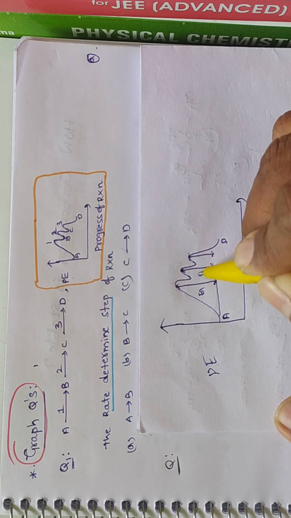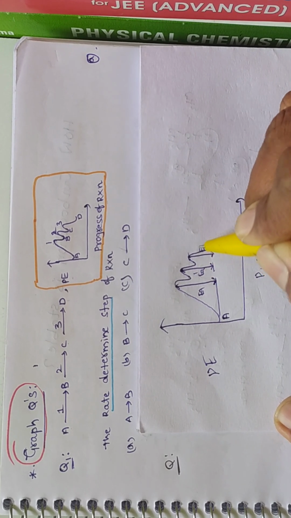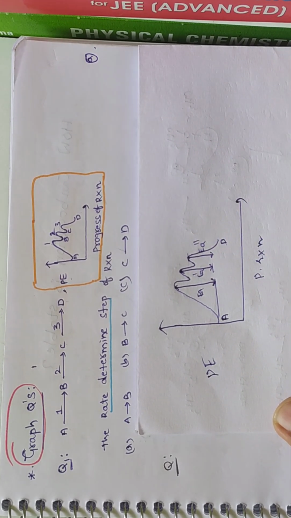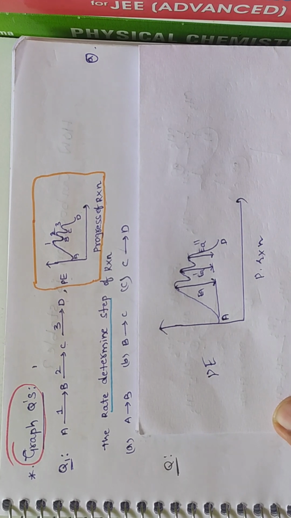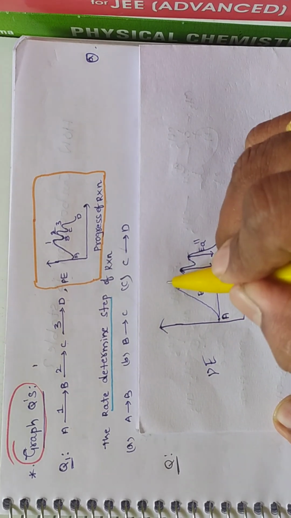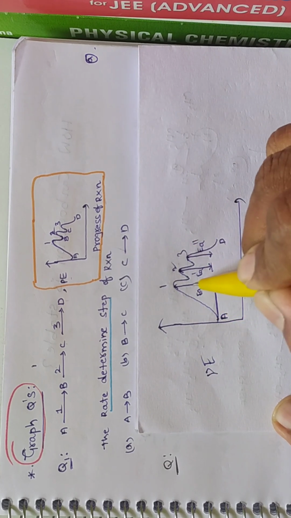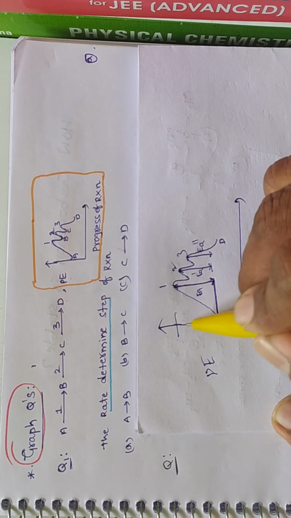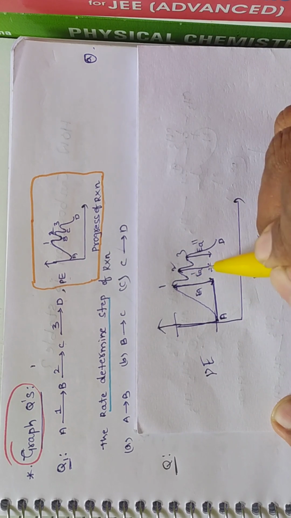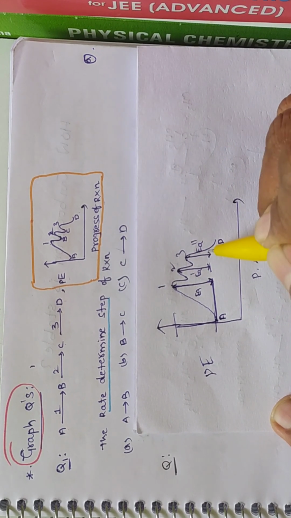For this reaction, this is the activation energy. Suppose this is Ea dash, and this is Ea double dash. Now where is the activation energy more? In the first step, the activation energy is more. From here to here the energy is more, and here the energy is less, very less.